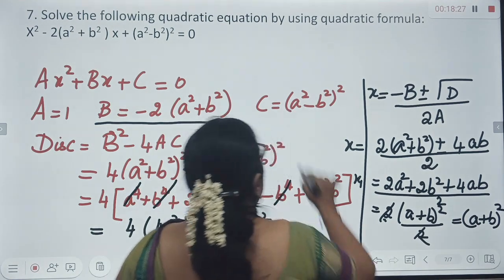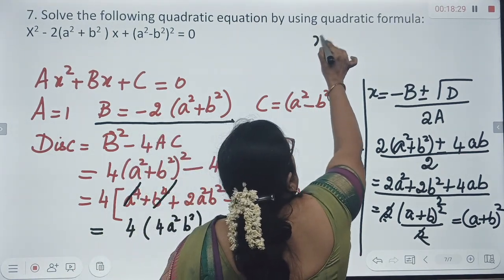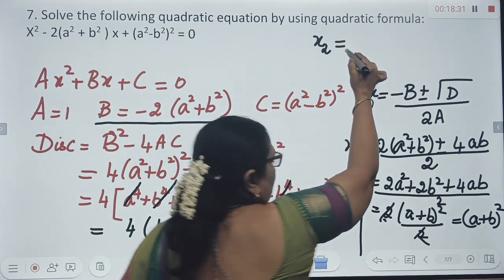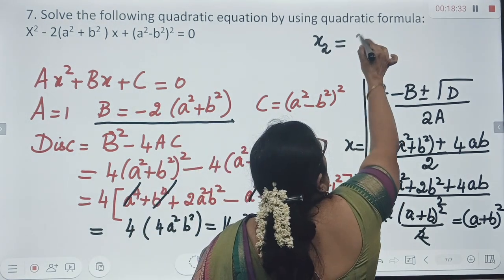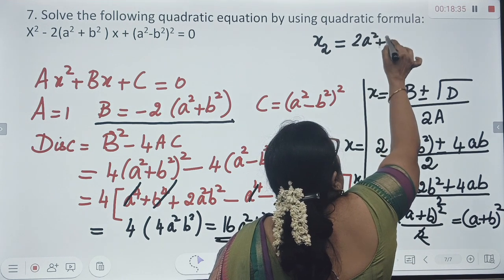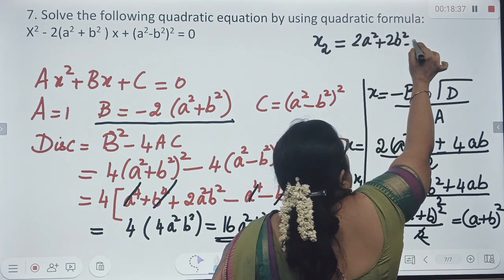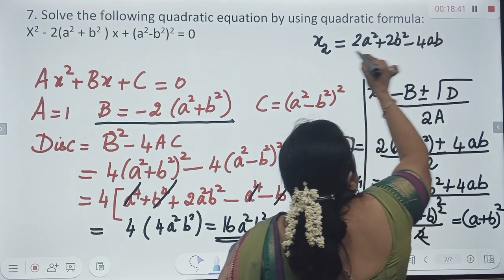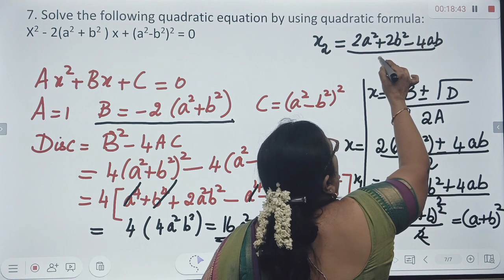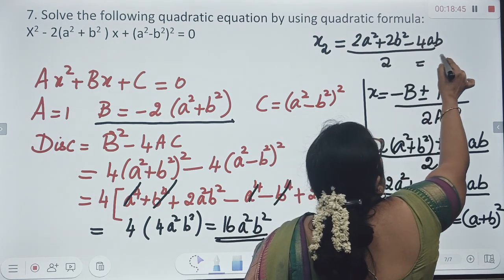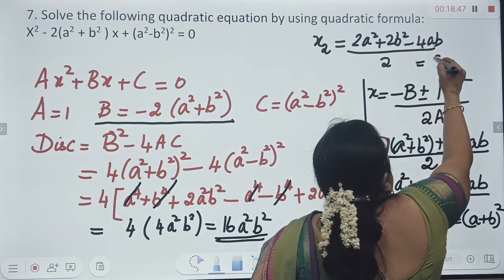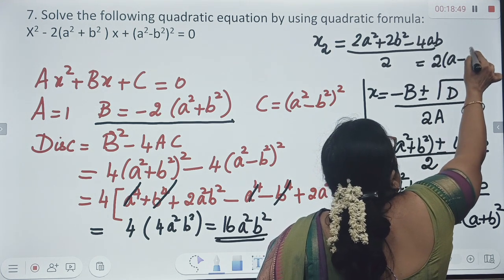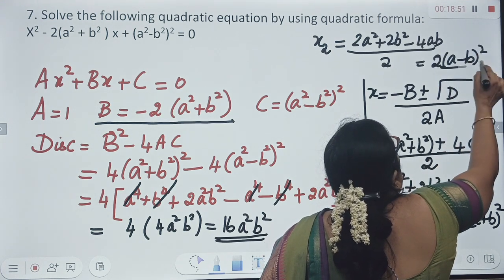x1 is this. So what will be x2? x2 will be 2a square plus 2b square minus 4ab by 2. If I take out 2 outside, what will I get? a minus b the whole square by 2.